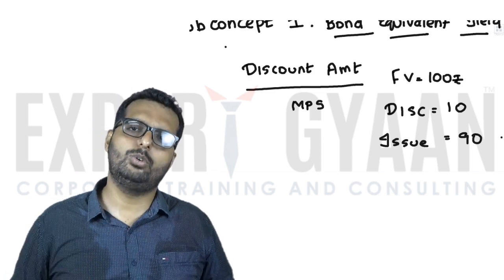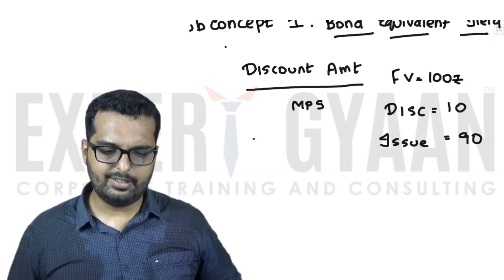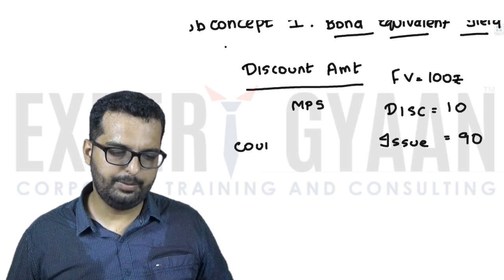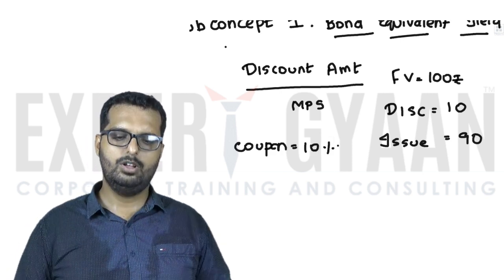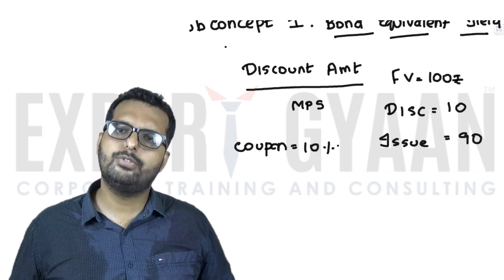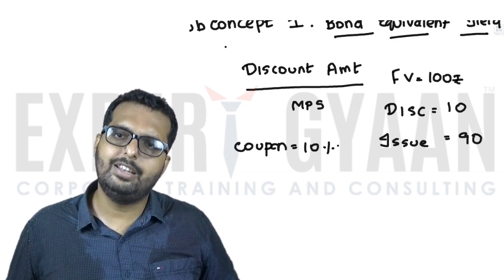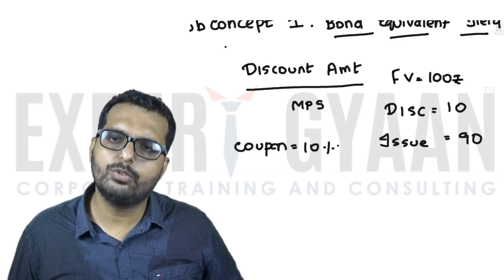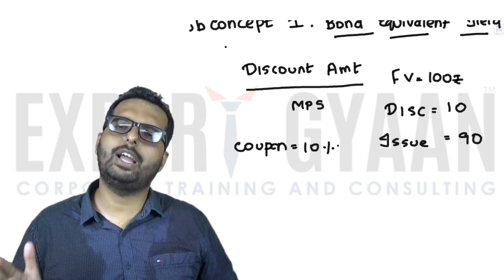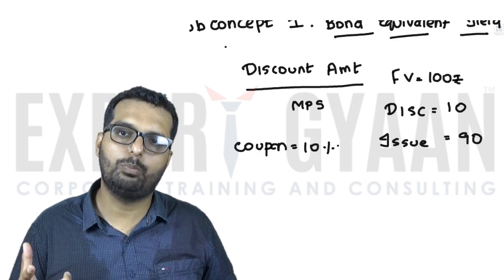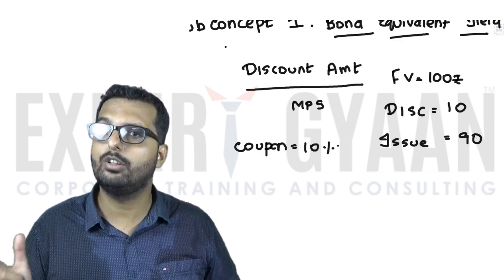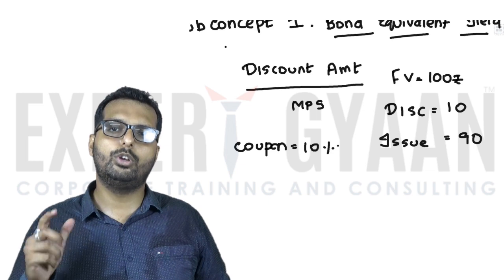Let us assume for this bond, the coupon is 10%. A coupon of 10% means 10 rupees, because coupon is always on the face value.